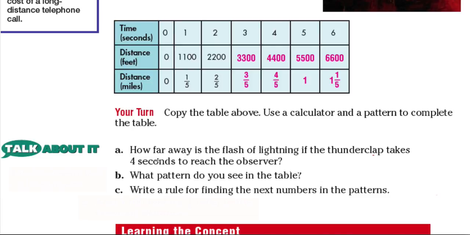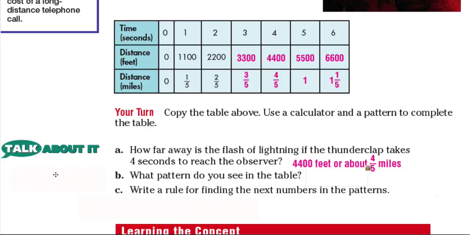these 3 questions. How far away is the flash of lightning if the thunderclap takes 4 seconds to reach the observer? From what our table is indicating, it's 4,400 feet, or about 4/5 of a mile. What pattern do you see on the table?